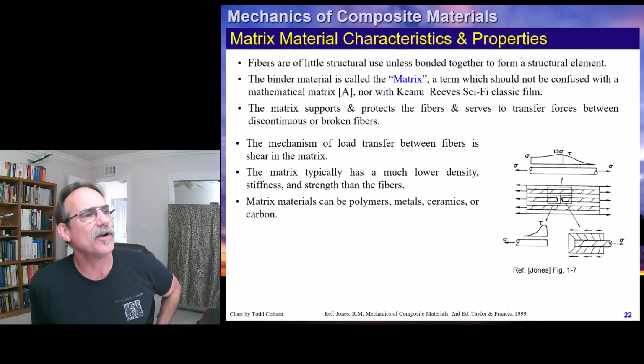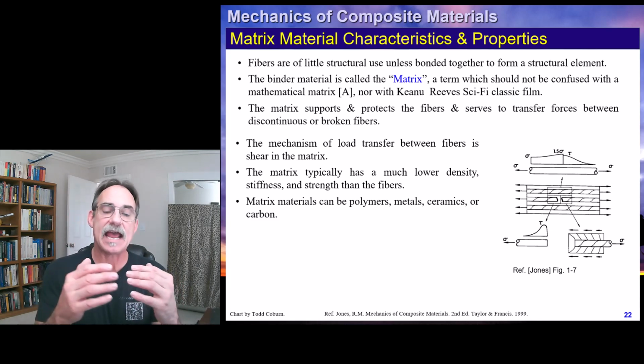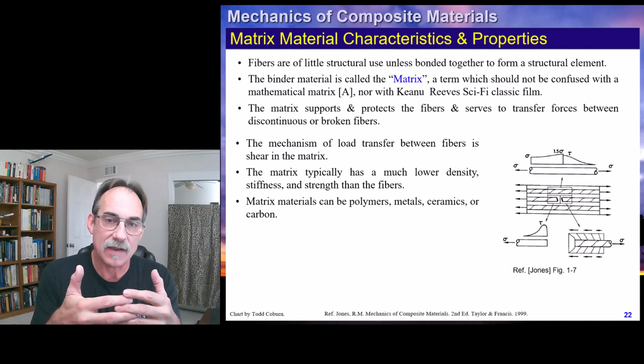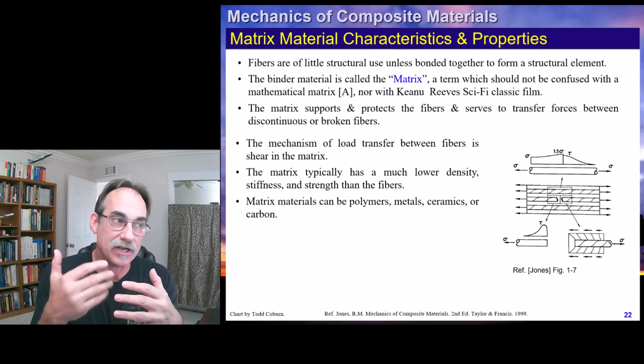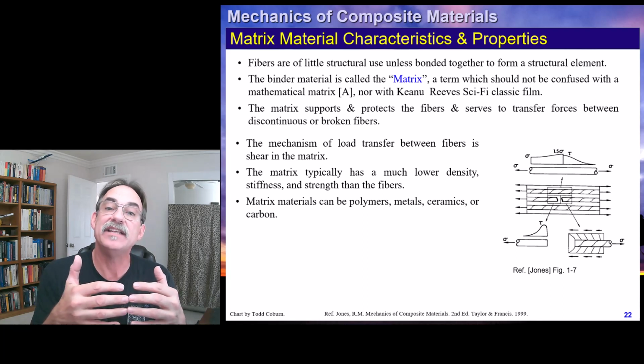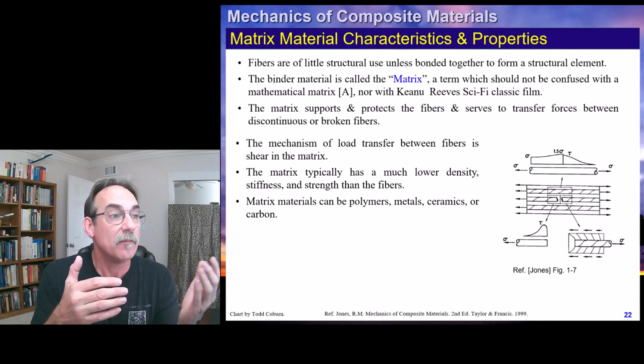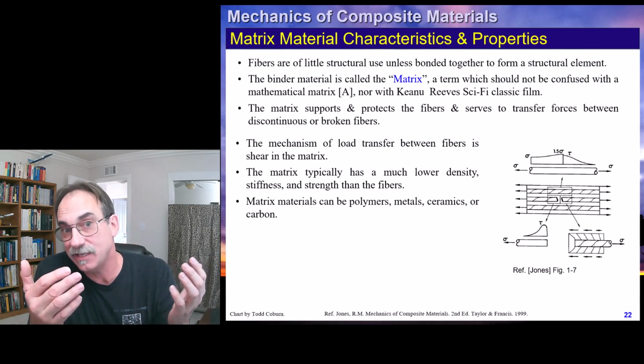What we want to learn from this slide is that we need to have this fiber impregnated. We need to have the matrix fiber combination uniform, and we're going to have discontinuous fibers all over, both broken ones and just ends of ones.